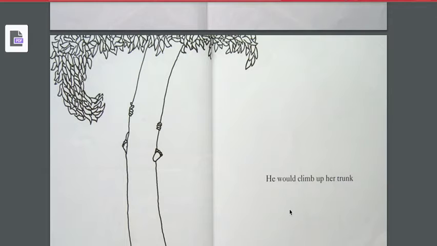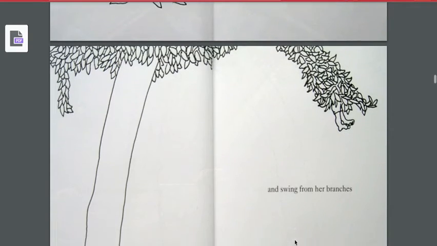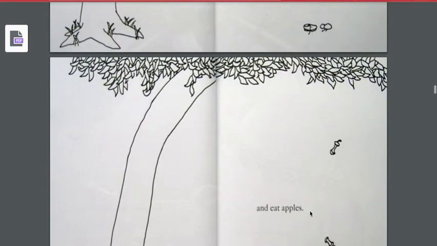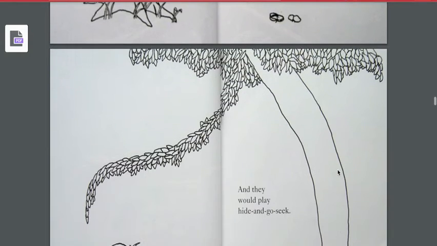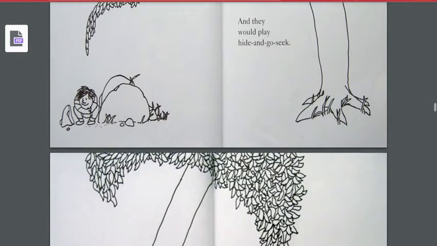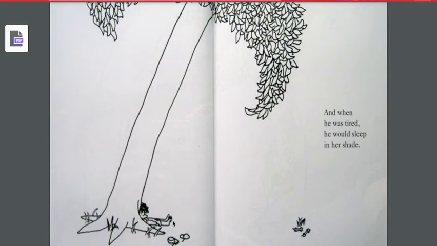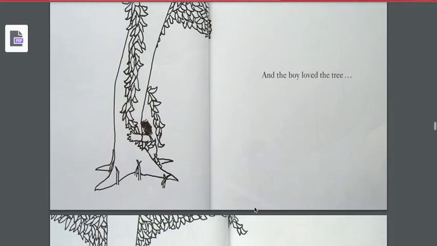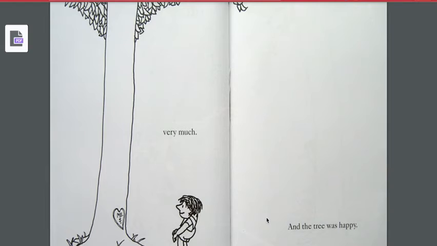He would climb up her trunk and swing from her branches and eat apples. And they would play hide and go seek. And when he was tired, he would sleep in her shade. And the boy loved the tree very much. And the tree was happy.